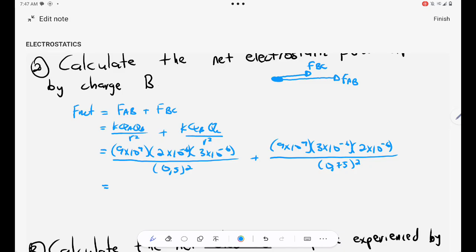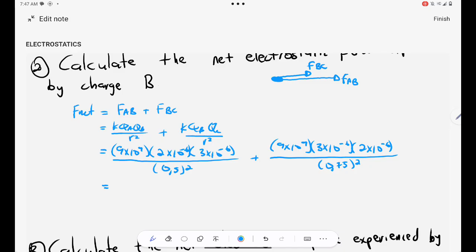9 times 10 to the power 9, 2 times 10 to the power negative 6, multiplied by 3 times 10 to the power negative 6, all over 0.5 squared, plus 9 times 10 to the power 9, 3 times 10 to the power negative 6 and 2 times 10 to the power negative 6, and our denominator is just 0.75 squared.